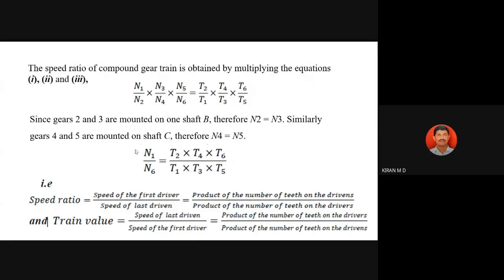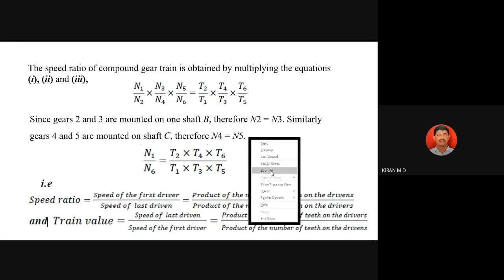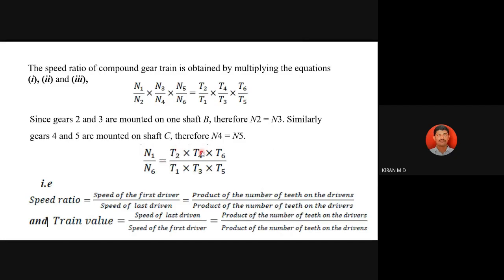So in a compound gear train, the speed of the first driver divided by the speed of the last driven is equal to the product of the number of teeth on driven gears, T2, T4, T6, divided by the product of the number of teeth on drivers, T1, T3, T5. Is it clear?